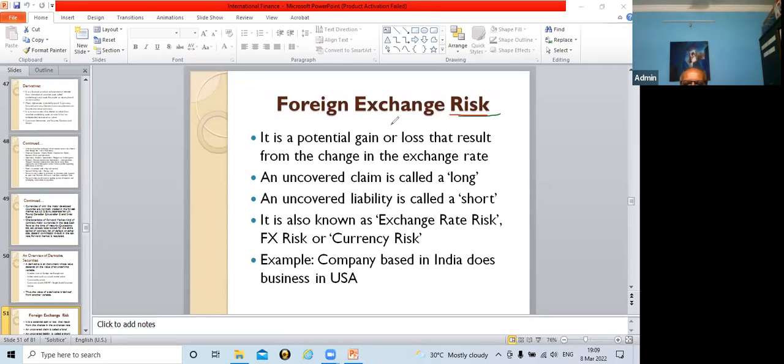So here what is happening? Our rupee is depreciating and the dollar is appreciating.